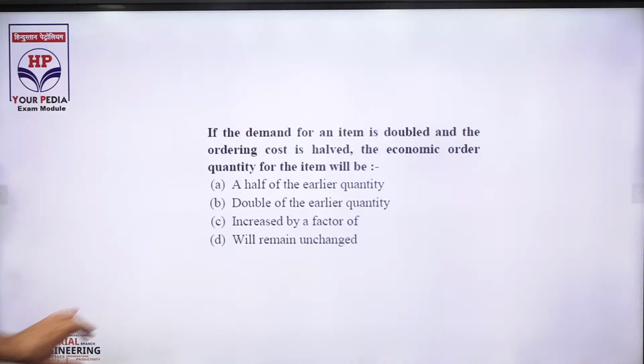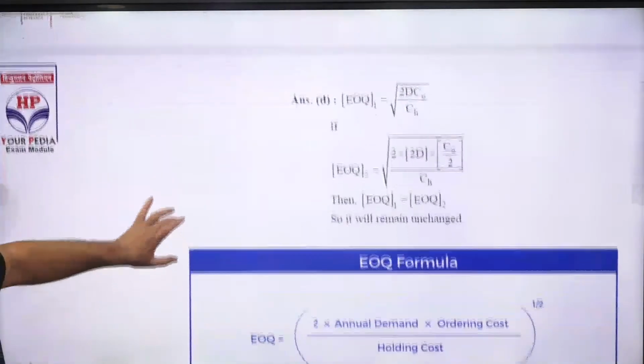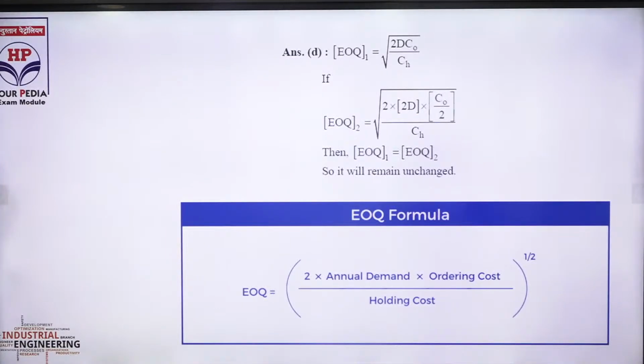You know the formula, we have already done that. It is the square root of 2D C naught by C of H, the holding cost. Ordering cost is half and demand is double, so it gets cancelled out. It remains the same. It is a formula based question.